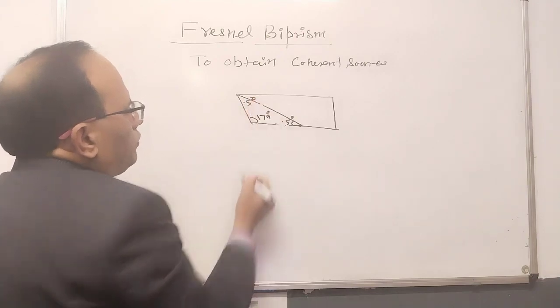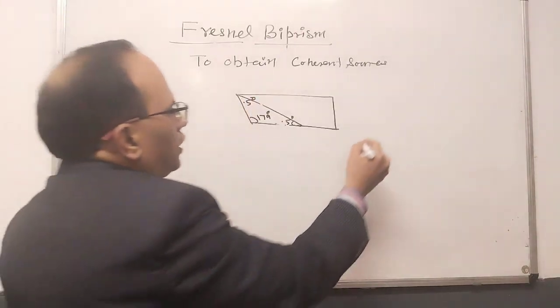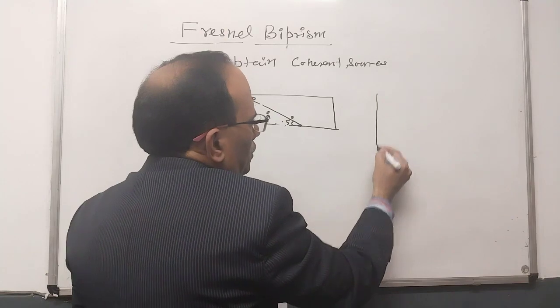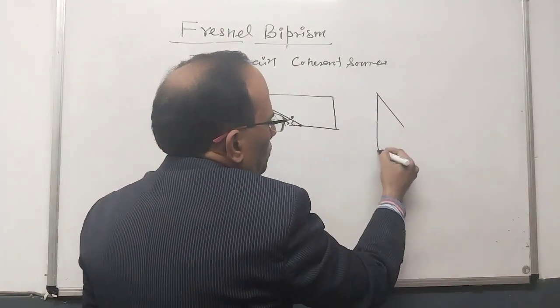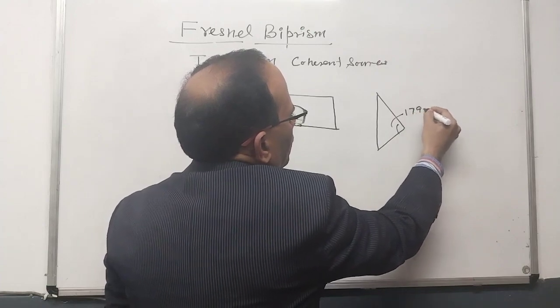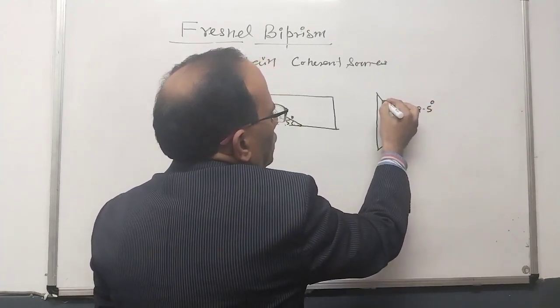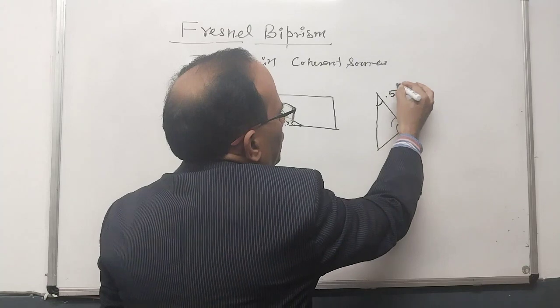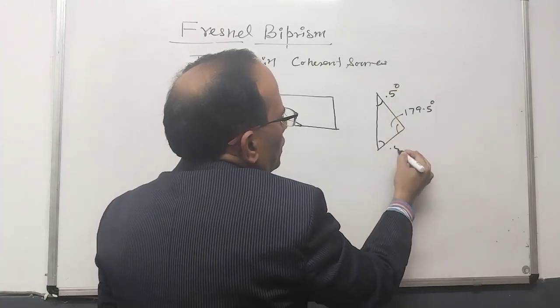So this is a prism in this format, where one angle is around 179.5 degrees, and the other two angles are 0.5 degree and 0.5 degree.